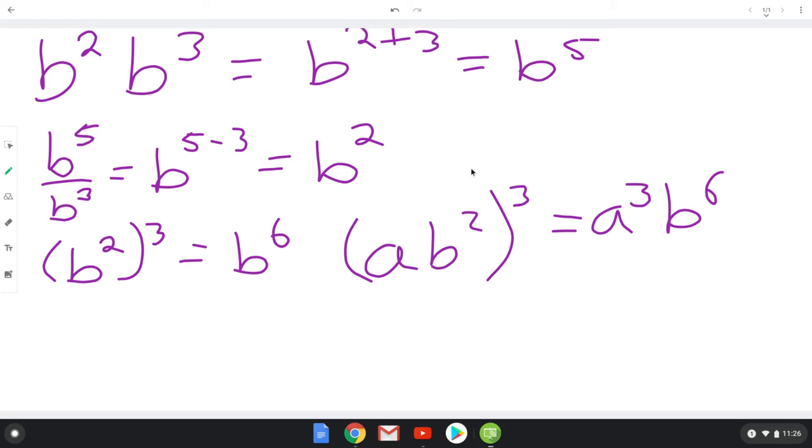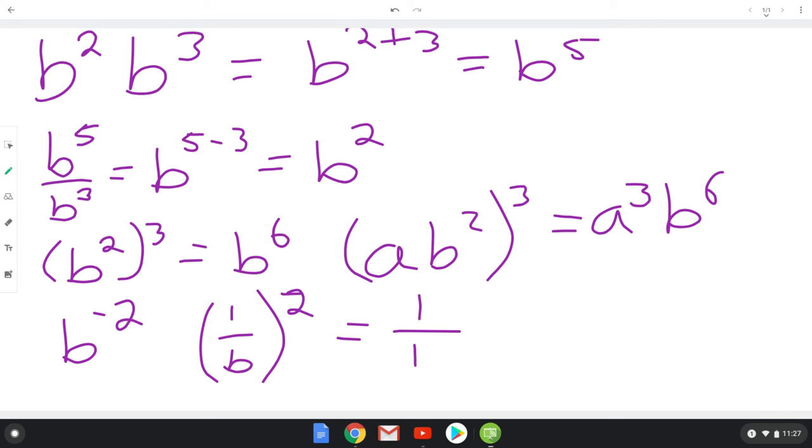We've also talked a lot about negative exponents. If you have something to a negative exponent, then that becomes a fraction. To the positive exponent, you put it to the bottom of a fraction. So either you can write it like this, or you can write it like this. This is the same thing.